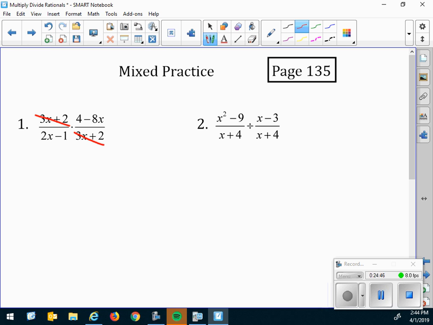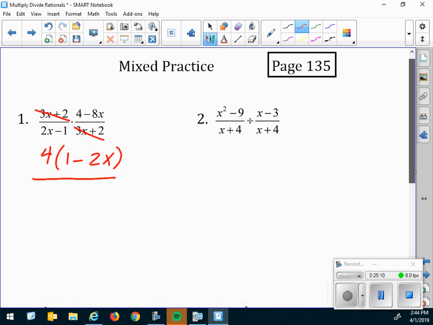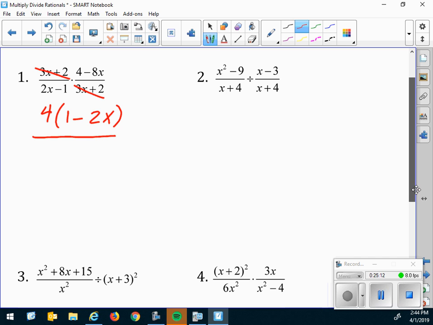Now, let's look at 4 minus 8x. Is there a GCF or can I factor 4? So this will be 4 times 1 minus 2x, over, will 2x minus 1 factor? No. Why am I going to get to use a negative 1 here?